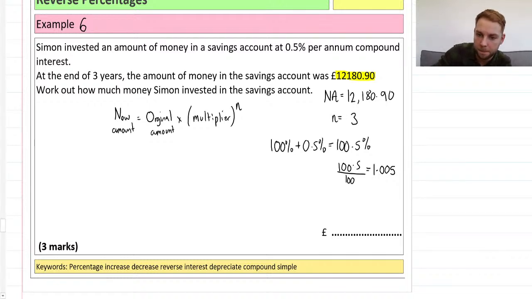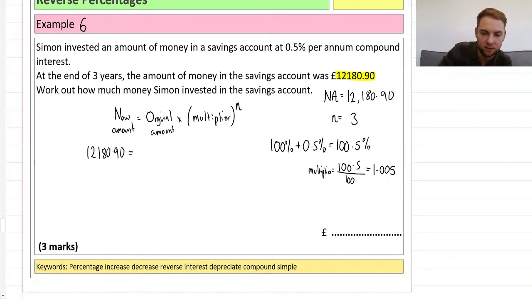Then it just becomes like any other substitution where we substitute in and work backwards. So my new amount, £12,180.90, is equal to my original amount, which I don't know.